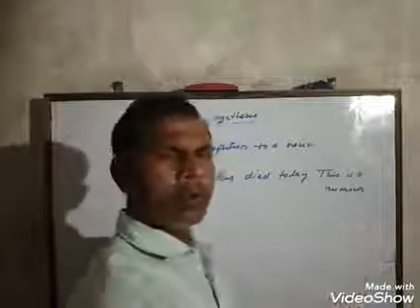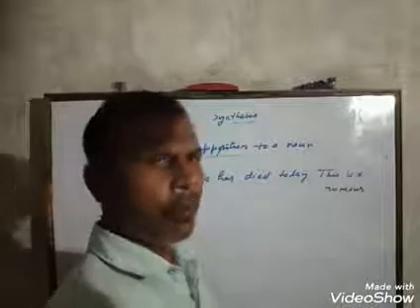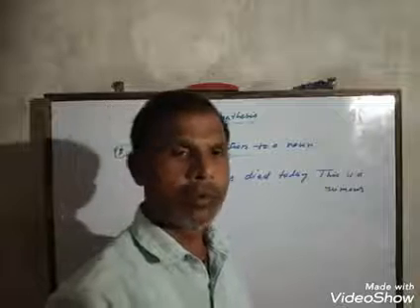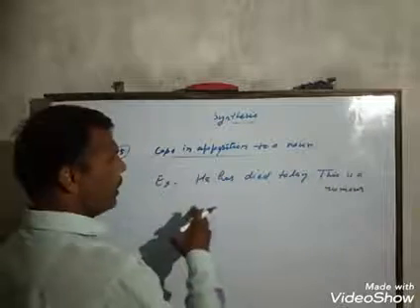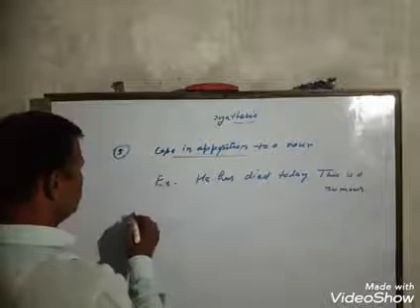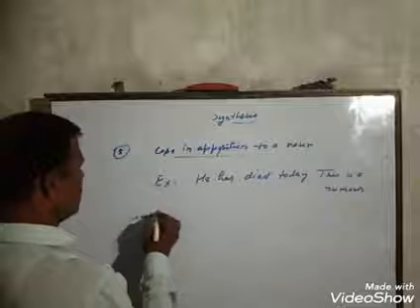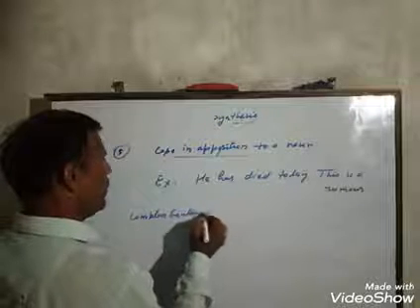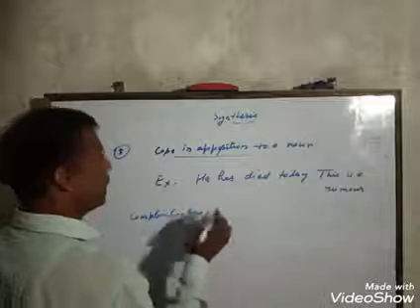A noun clause is just put beside another noun or pronoun. So in this sentence, when we join the sentences as a complex sentence, we will make case in apposition.